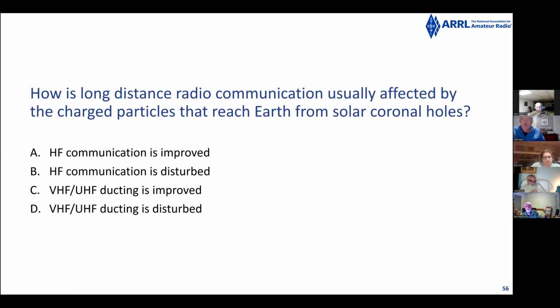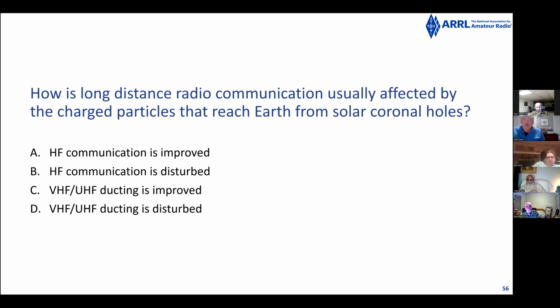How is long distance radio communication affected by the charged particles that reach Earth from solar coronal holes? A, HF communication is improved. B, HF communication is disturbed. C, VHF and UHF ducting is improved. D, VHF and UHF ducting is disturbed. Anyone?